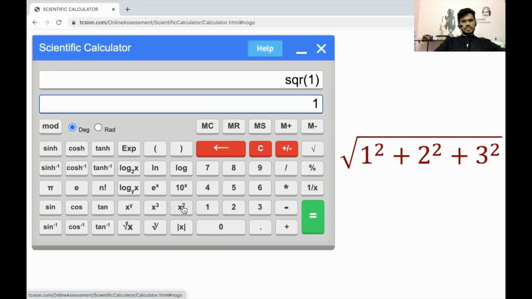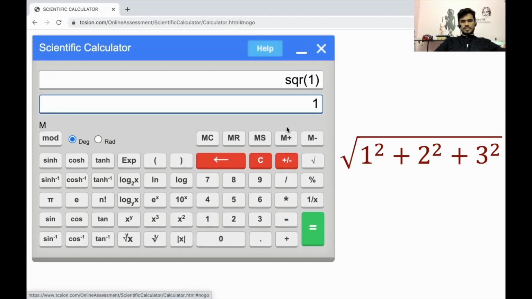Send it to memory. 2 square. Send it to memory. 3 square. Send it to memory. Read what is there in the memory. It is 1 plus 4 plus 9, that is 14.